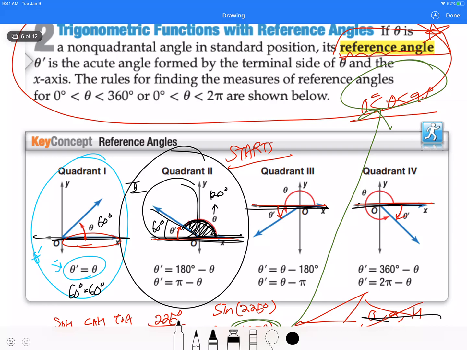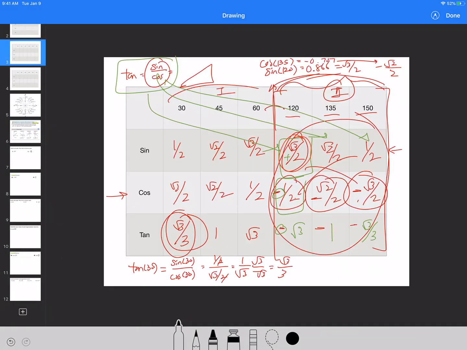Why? Well, because if you were to take a look at sine of 120, okay? I don't know why I can't write on it. Ooh, okay. I most likely need to be charging the pen real quick. Just give me 1 second.